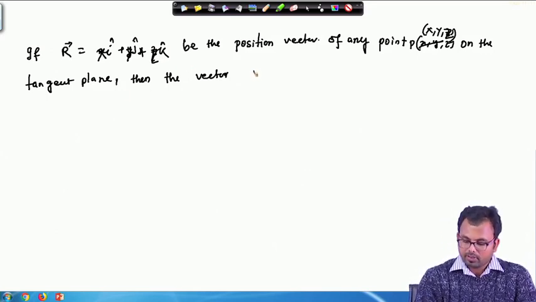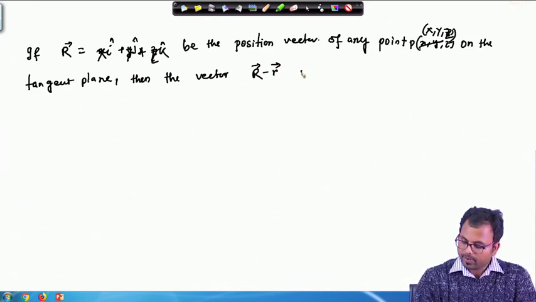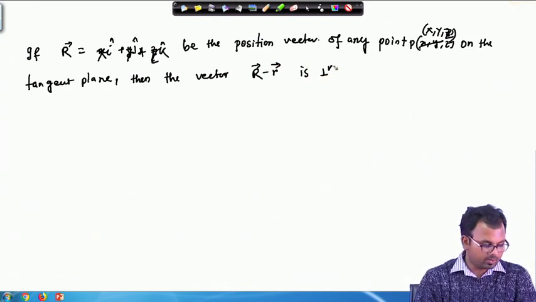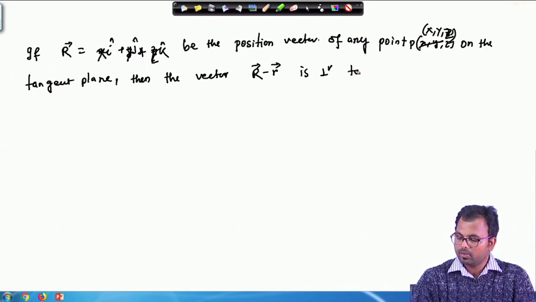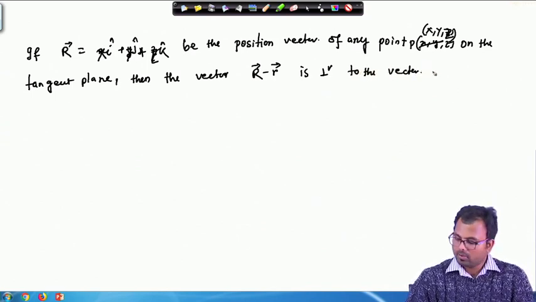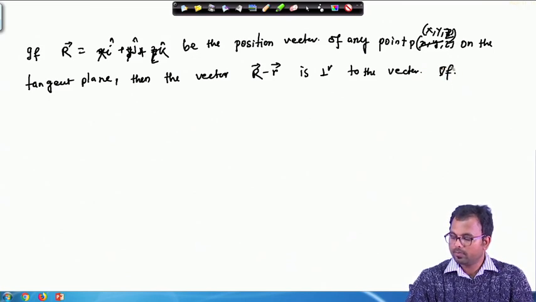So, then the vector capital R minus small r is perpendicular, this is from coordinate geometry, to the vector gradient of f, right.